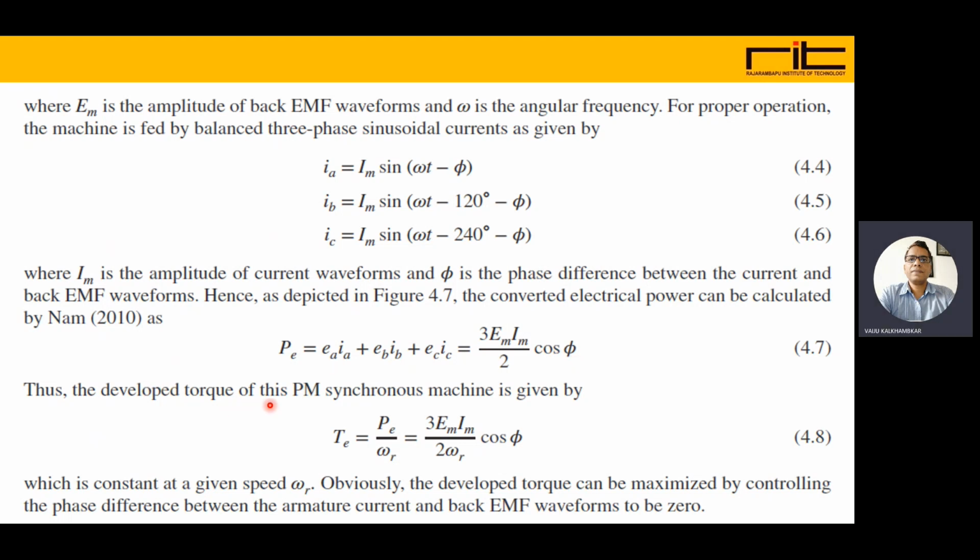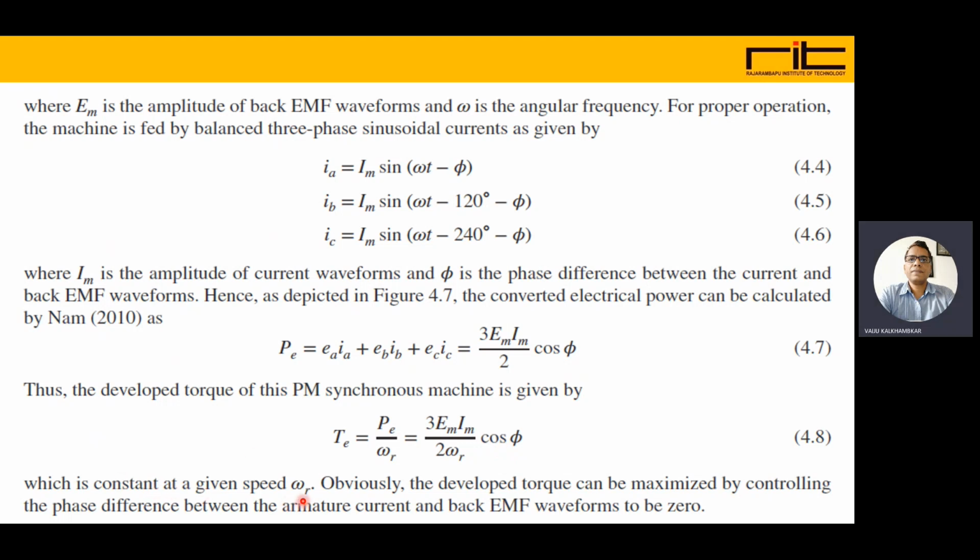Thus, the developed torque of this permanent magnet synchronous machine can be obtained, that is torque is equal to electrical power divided by omega. So we can get 3 Em Im divided by 2 omega r into cos phi, because we can convert this by simplifying this equation.